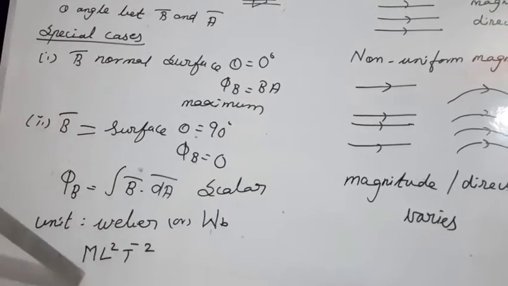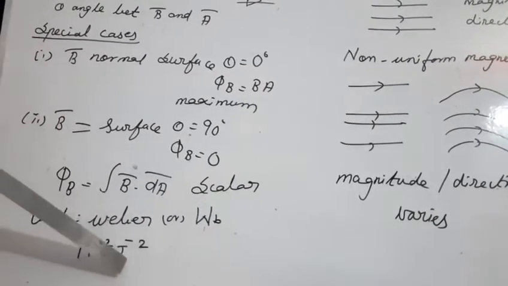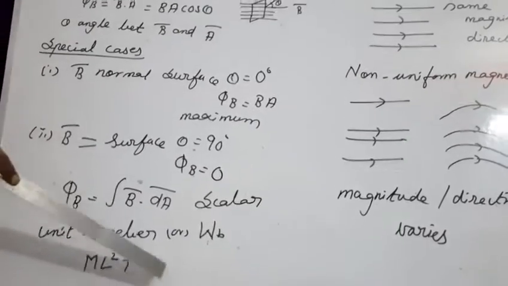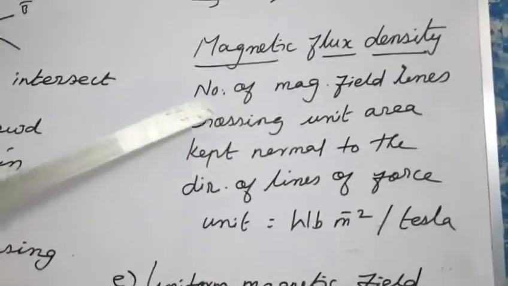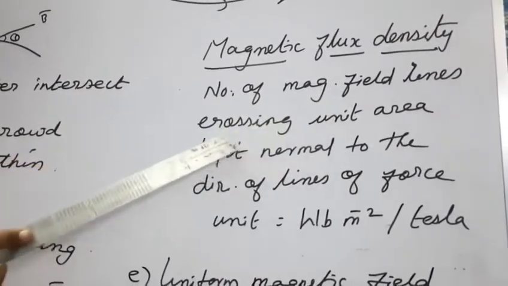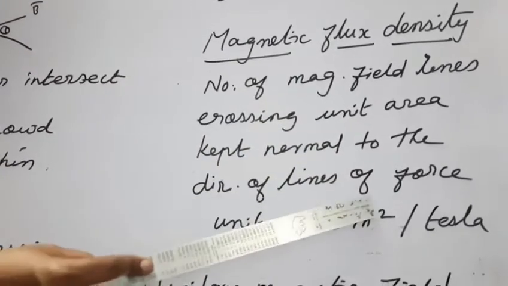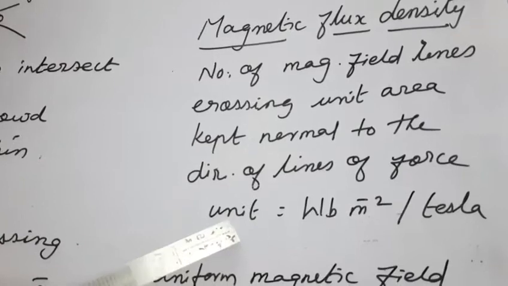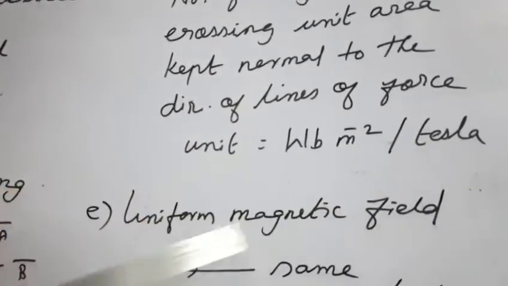The dimensional formula for magnetic flux is M L square T to the power of minus 2. Next term, magnetic flux density. It is defined as the number of magnetic field lines crossing unit area kept normal to the direction of lines of force. Its unit is Weber meter to the power of minus 2 or Tesla.